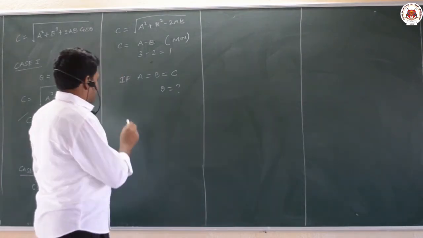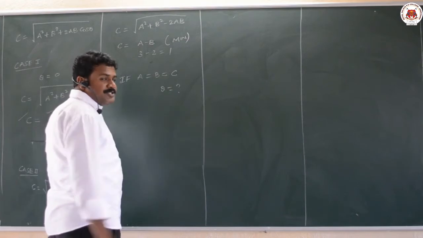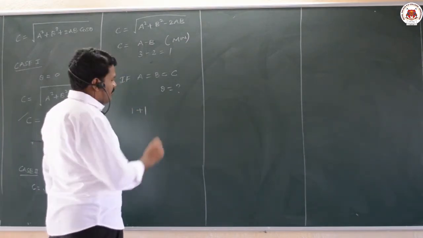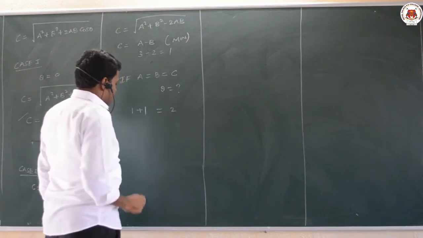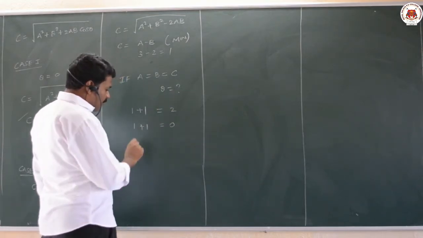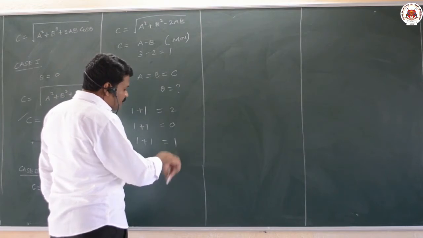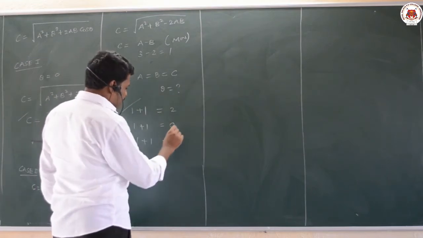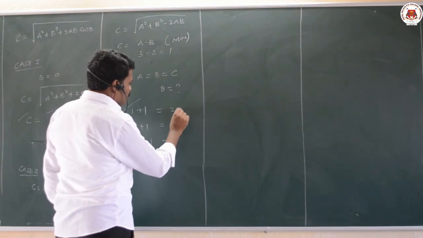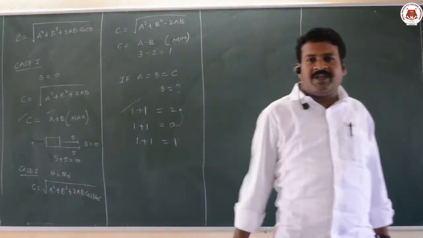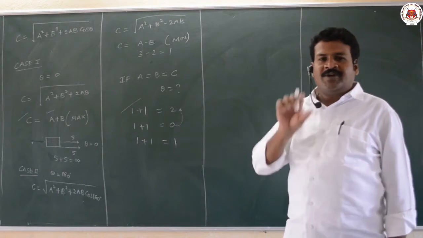See, A is equal to B is equal to C, not 3. 1 plus 1 can be 2, 1 plus 1 can be 0, 1 plus 1 can be equal to 1 also. The value of 1 plus 1 lies from 0 to 2, any value is possible while you are adding two vectors.